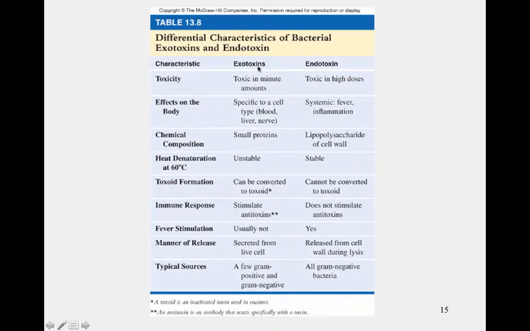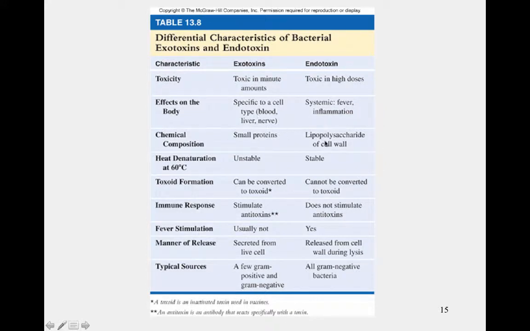So with regards to exo versus endotoxin, it takes a higher dose of the endotoxin to actually exert its toxicity effects. Usually the symptoms associated with endo are fever and an inflammatory response, whereas the exo is specific to the target cell type.